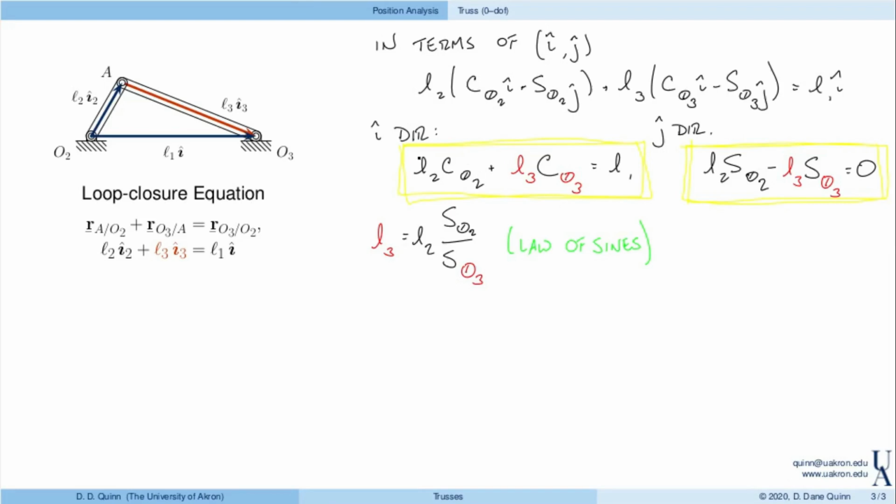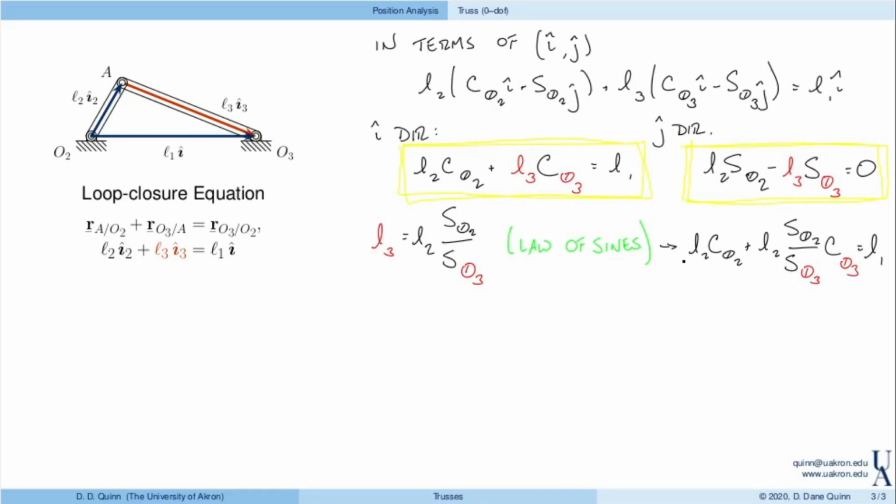So when I take this and reintroduce it into this first equation, I get L2 cosine of theta 2 plus L3, which was L2 sine of theta 2 divided by sine of theta 3, times cosine of theta 3, equals L1. So this is an equation only on theta 3, right? So I can solve this.